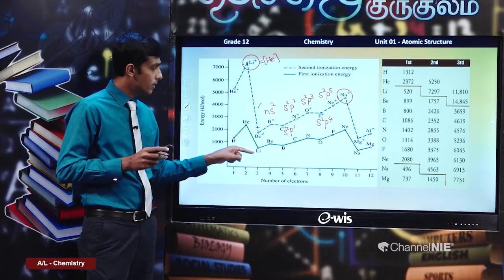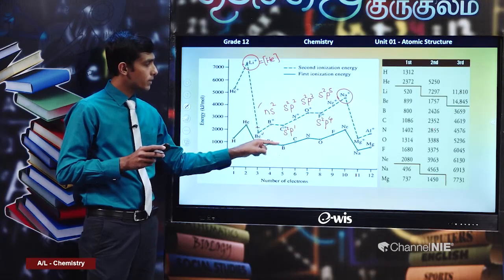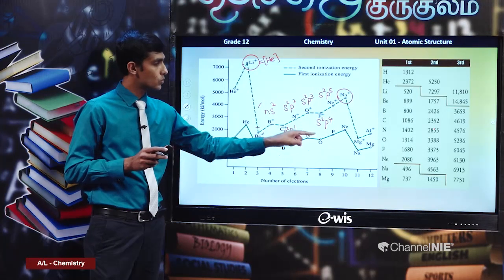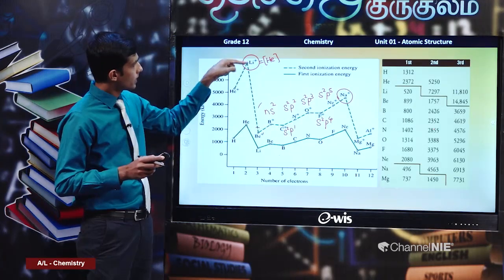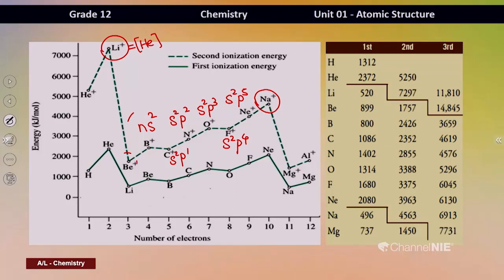Here S1, S2, S2P1, S2P2, S2P3, S2P4. There also, when it comes to lithium plus, S2 is more stable, then S1, S2, S2P1, S2P2, S2P3, S2P4, S2P5, S2P6.